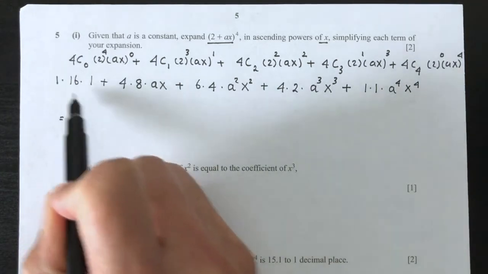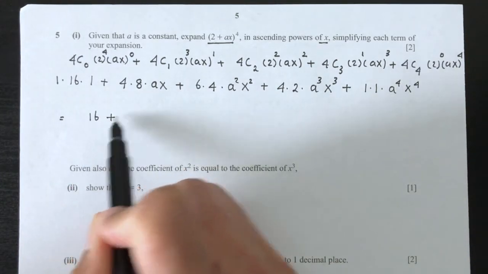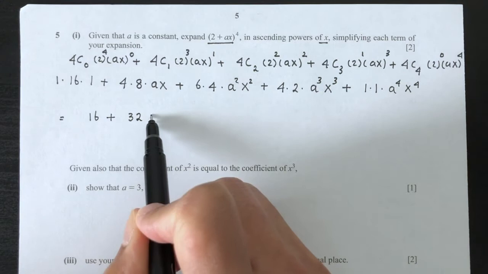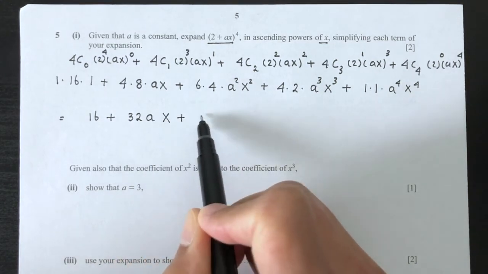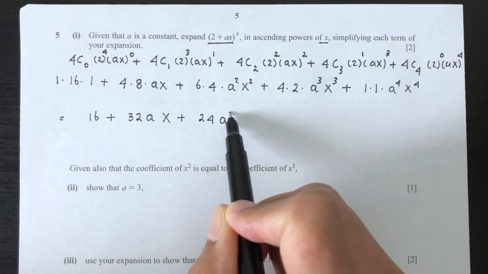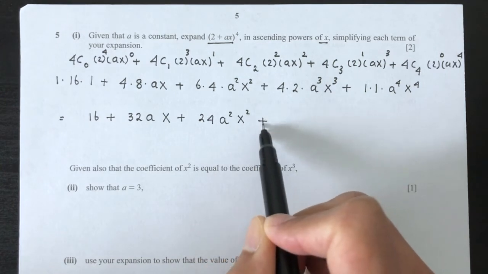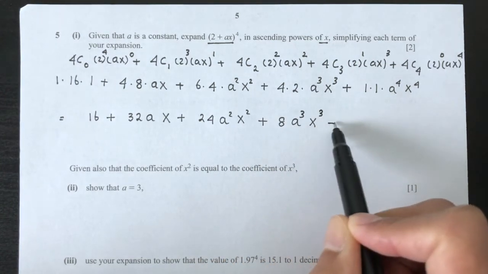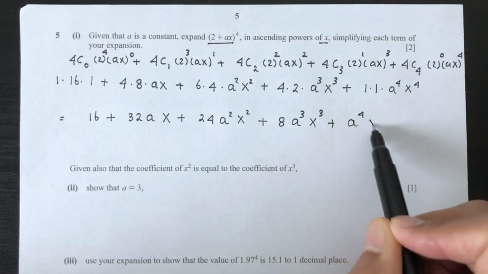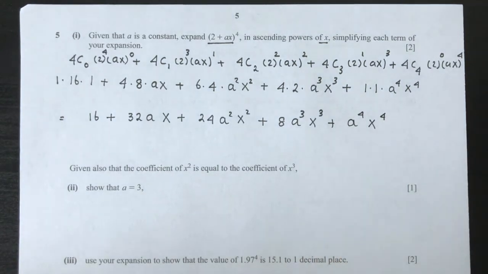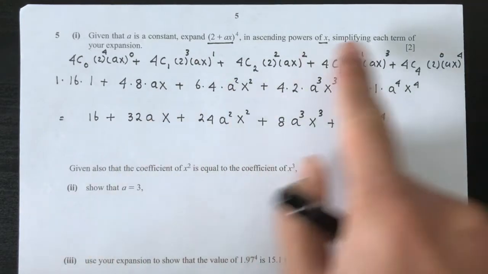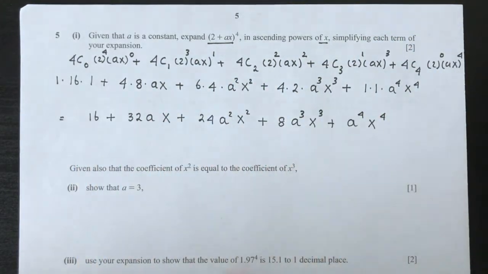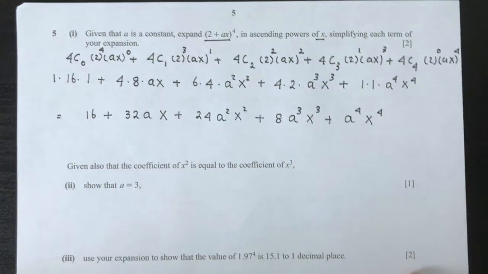So simplify, the first thing will be 16 plus 32ax plus 24a square x square plus 8a cube x cube and plus a power 4 x power 4. That is the expansion of this, and every single term is simplified in the expansion.